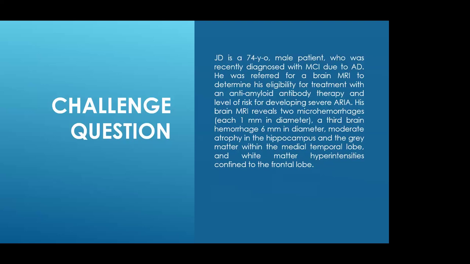His brain MRI reveals 2 microhemorrhages, each one of them 1 millimeter in diameter. A third hemorrhage was about 6 millimeter, and he also has some moderate atrophy in the hippocampus as well as gray matter. And he does have some white matter hyperintensities, mainly to the frontal lobe.